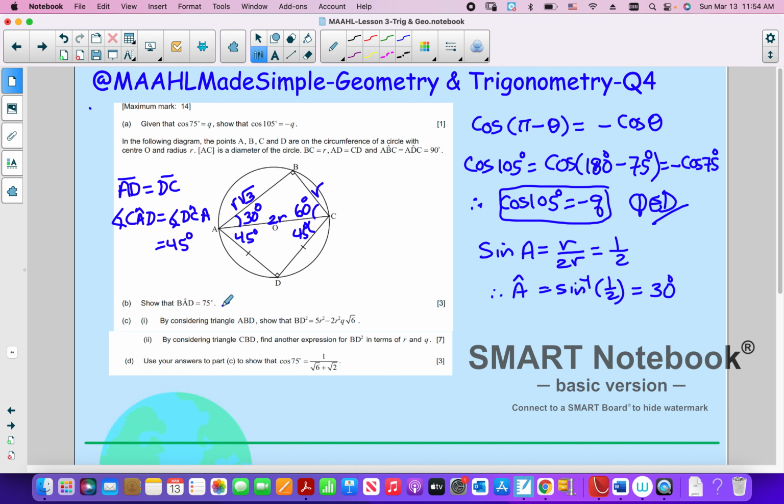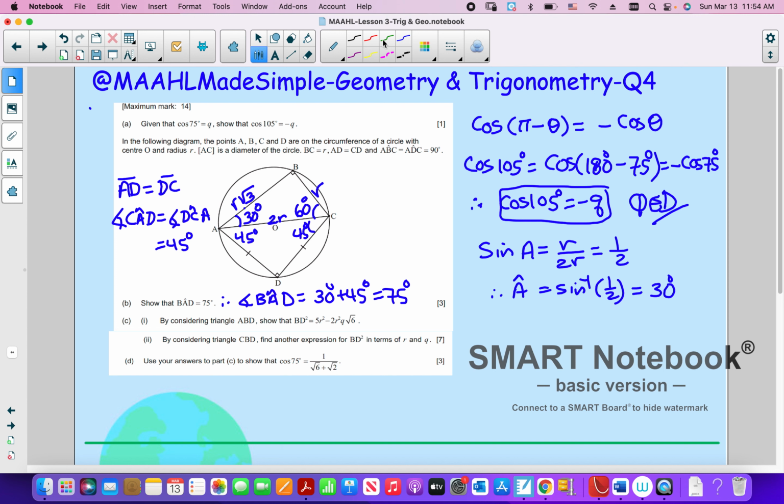Therefore, the measure of angle BAD is equal to the sum of BAC plus CAD, which is equal to 30 degrees plus 45 degrees, and that is 75 degrees.